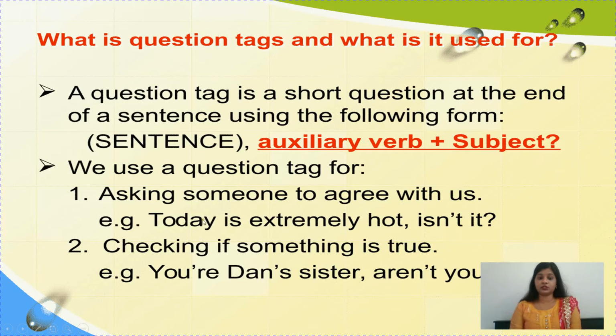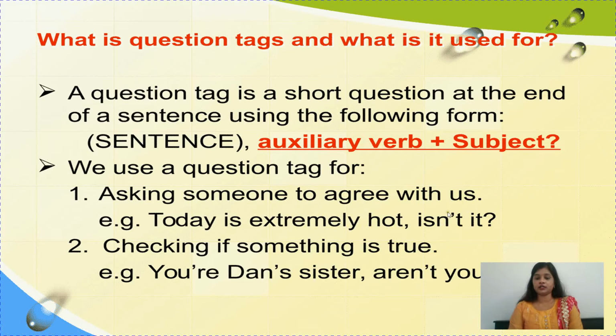So we can write like this: today is extremely hot, isn't it? So children, first we have written a sentence, today is extremely hot, then we have given comma, and auxiliary verb means helping verb. And see children, the sentence is positive, today is extremely hot, it's a positive sentence. So question tag will go in negative form.